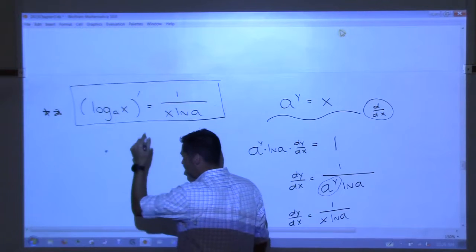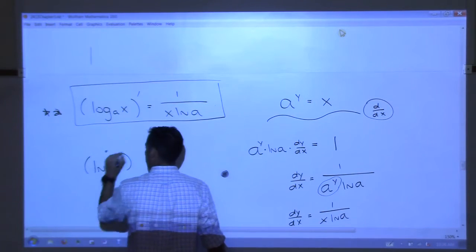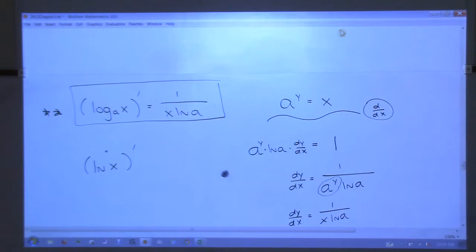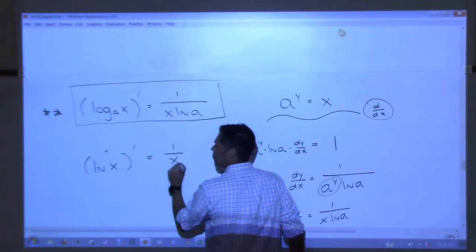So with that in mind, can anybody tell me what the derivative of natural log of x is? Which is 1 over x.